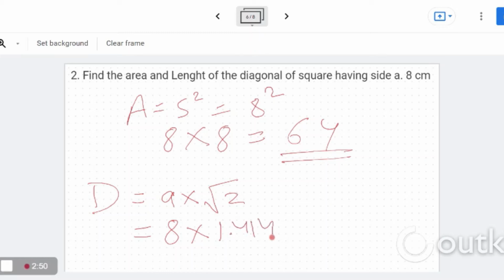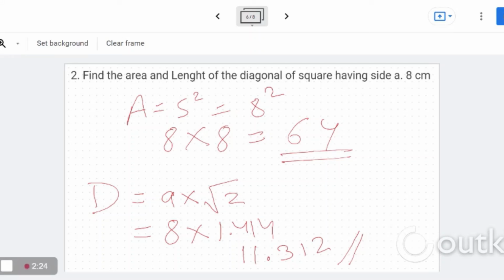Now let us take a calculator. You can see here, 8 into 1.414. So I get around 11.312. This is my answer. So this is how you will find out the diagonal.